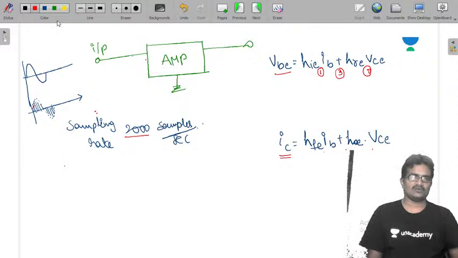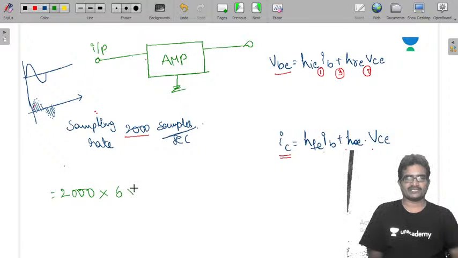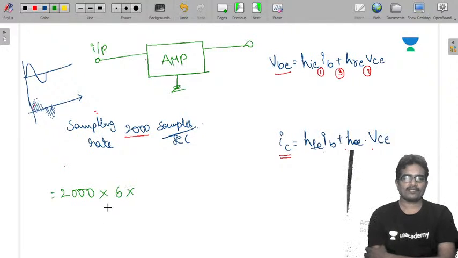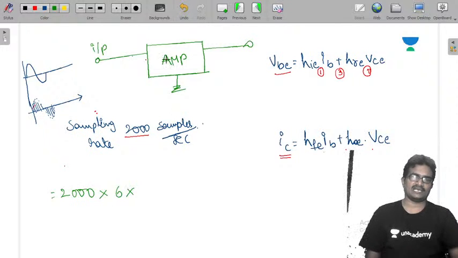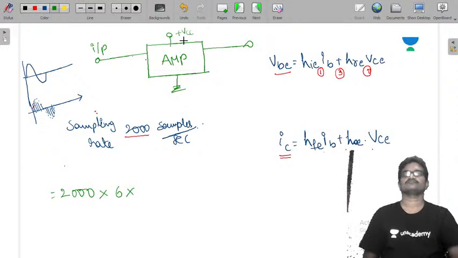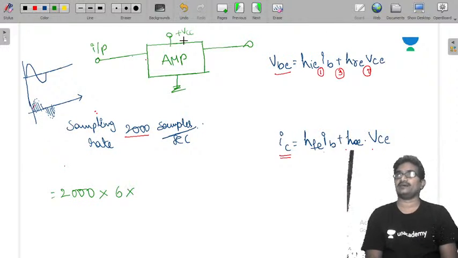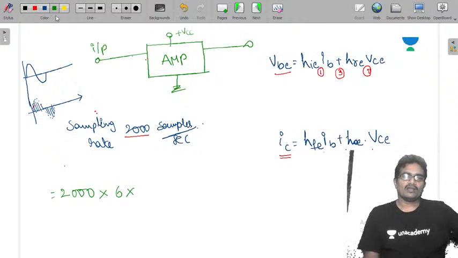So total now 6 calculations. So 2000 samples per second into 6 calculations per each sample. Okay, and at the same time, for this amplifier I am giving plus VCC supply. Now for plus VCC supply, there is a small change in supply voltage.